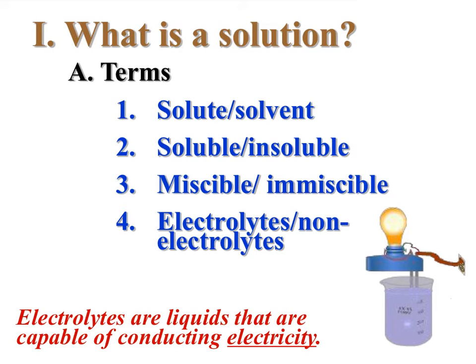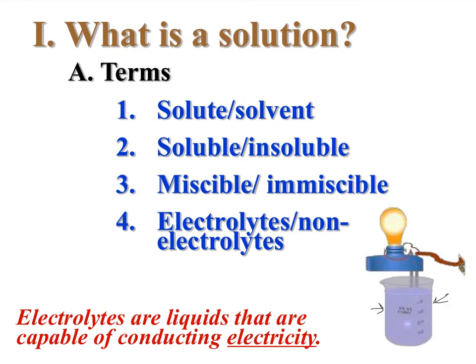Either it has electrolytes and conducts electricity, or it doesn't have electrolytes and doesn't conduct electricity. When water is a solvent, and most of the time water is a solvent, if you have things that are ionic, they conduct electricity. If there are no ions in here, there's no conduction of electricity. So when talking about electrolytes, do they conduct electricity?